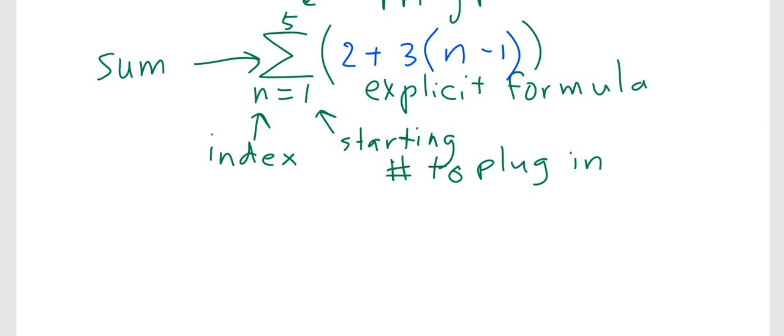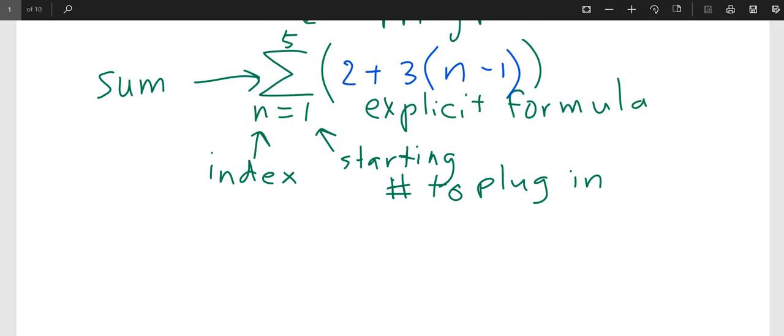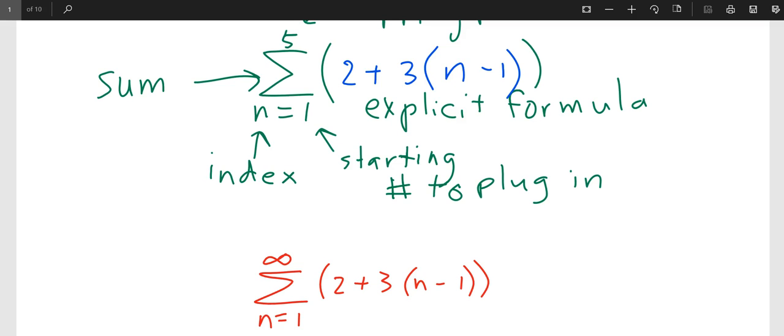Okay, so what if it were an infinite group of values that was being added together? What would that look like? So is it possible that I could do n equals 1 to infinity of 2 plus 3 times n minus 1? Is this something that could be written out?